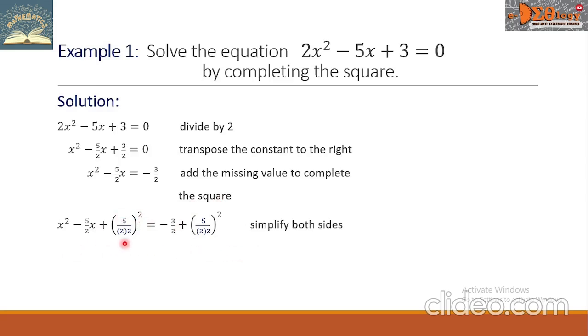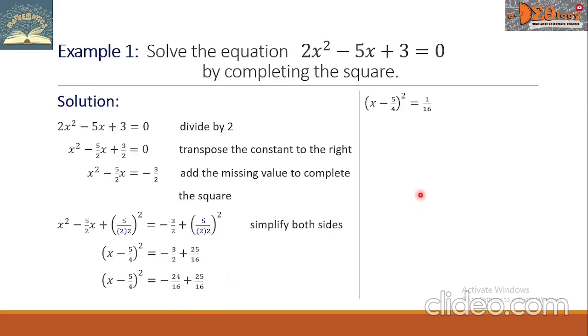The left side we factorize as x minus 5 over 4 with power 2 equals, we simplify the right side as negative 3 over 2, and this now becomes 25 over 16. We add the two fractions now. Considering the LCD, the negative 3 over 2 becomes negative 24 over 16. Now we can simplify the right side as positive 1 over 16.